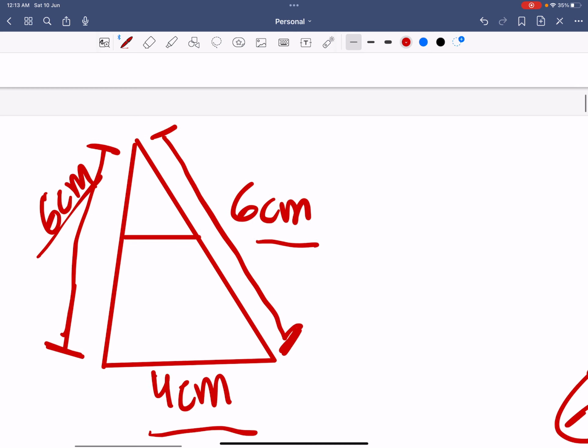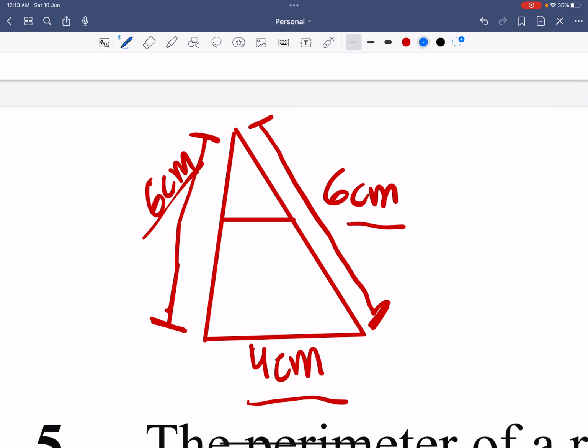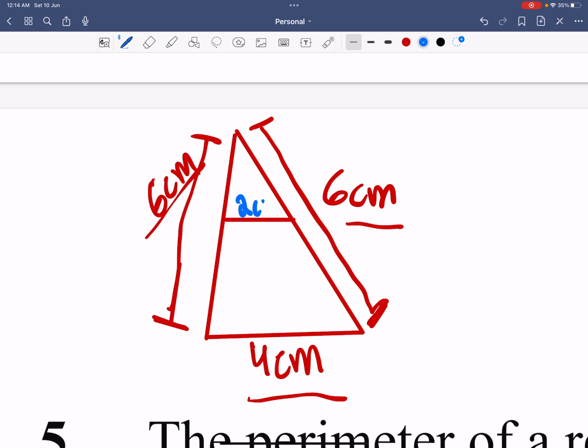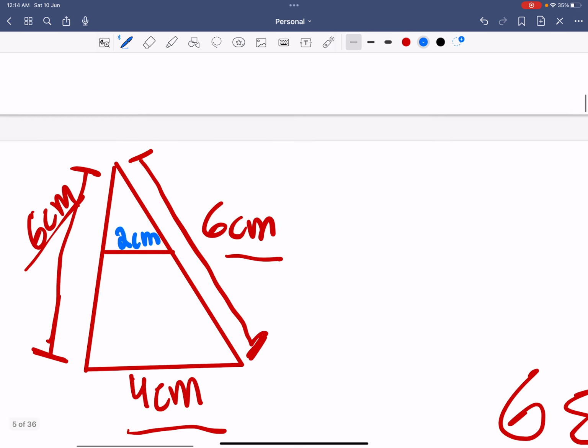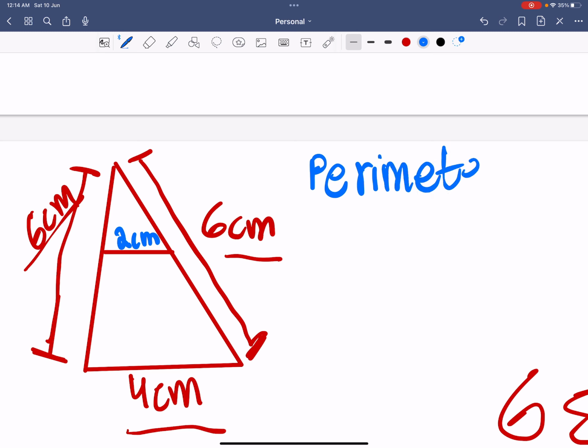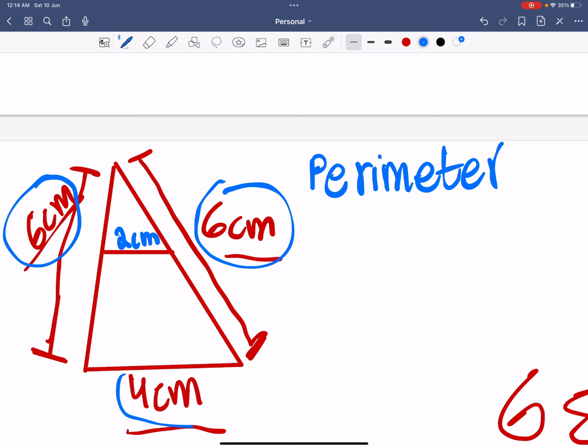And let's suppose the examiner has also given you this length of 2 centimeters. If he asks you for the perimeter, the perimeter will be equal to 6 plus 6 plus 4.